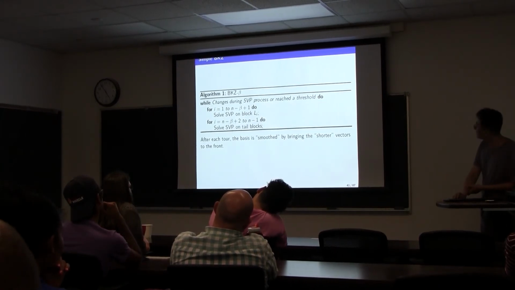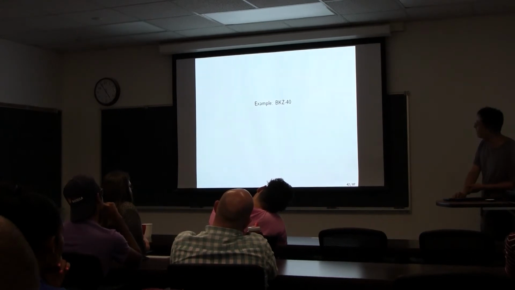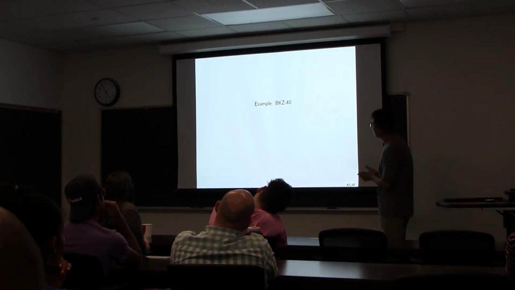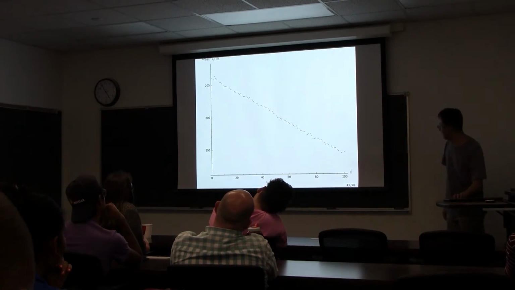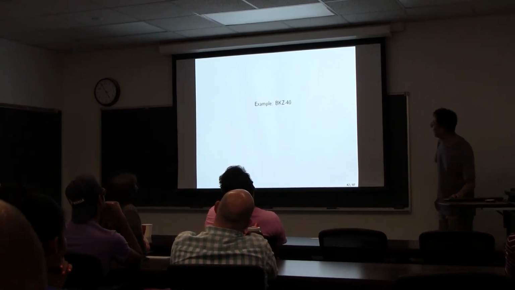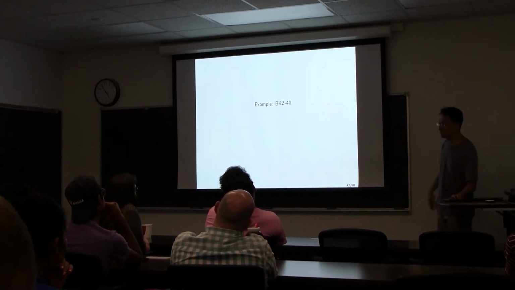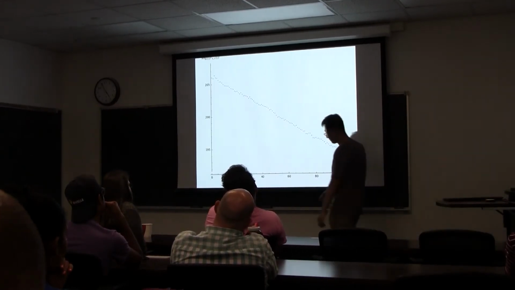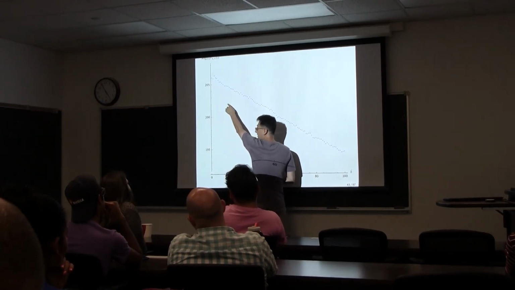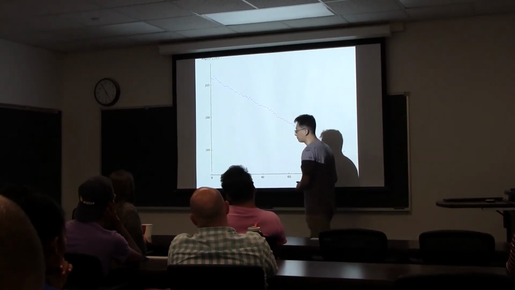Maybe I will finish the talk by giving a numerical example of how it works. And that's my last topic, I believe. So I have a lattice of dimension 100 over here, and I will run BKZ 40, which means that from 0 to 39, I'm going to find the shortest vector and put it at position 0.